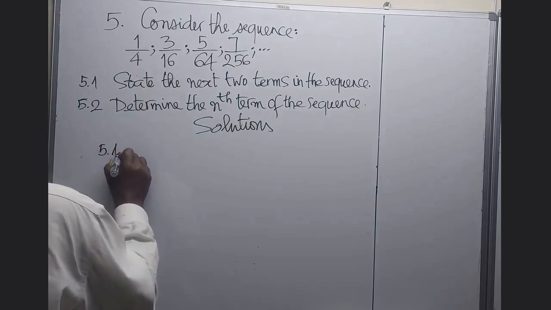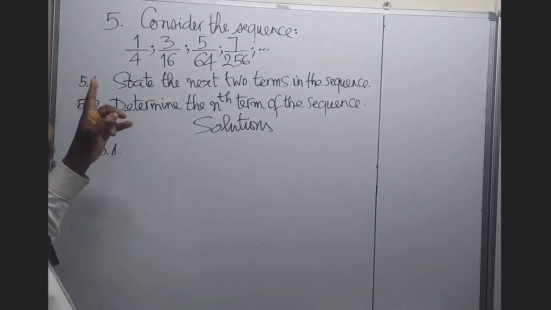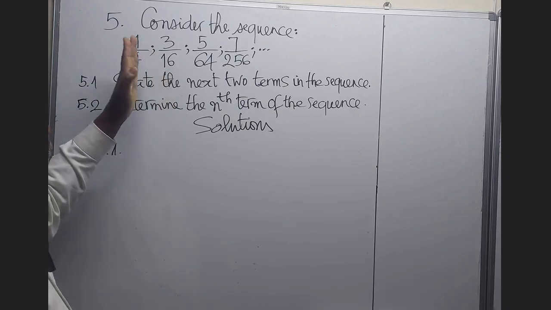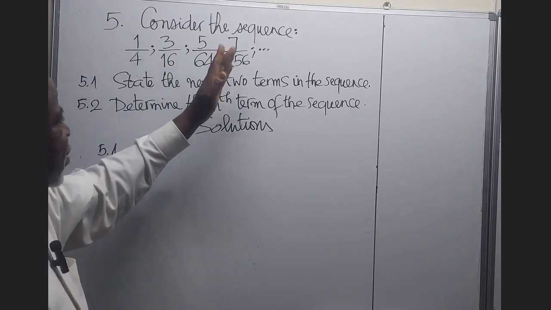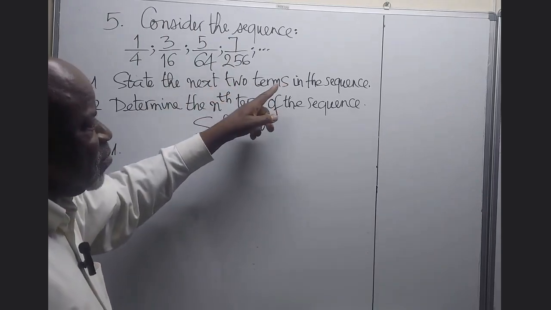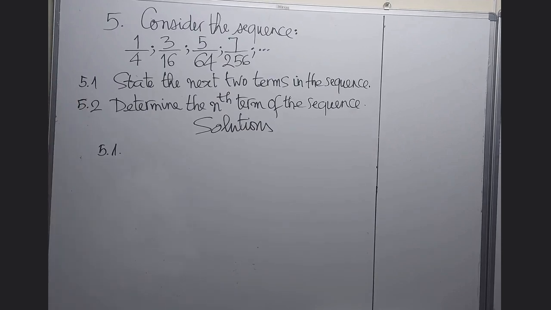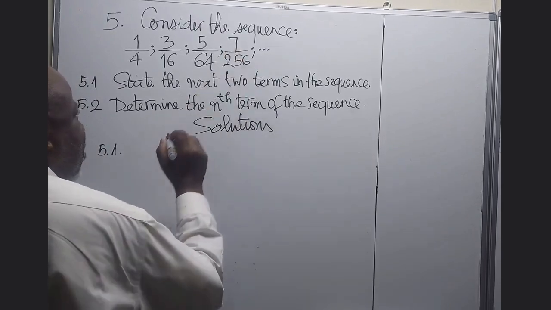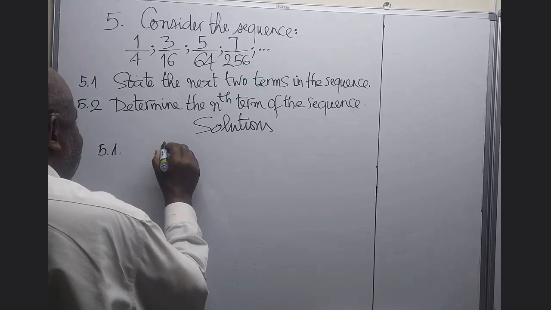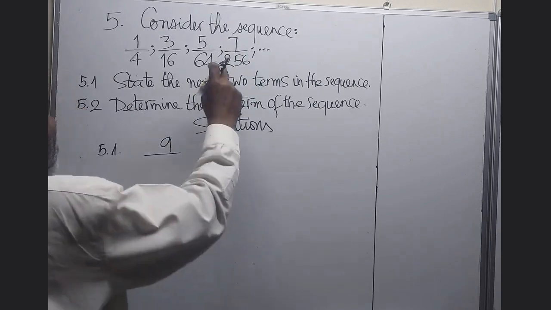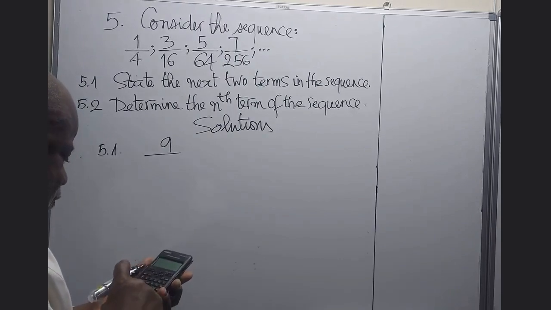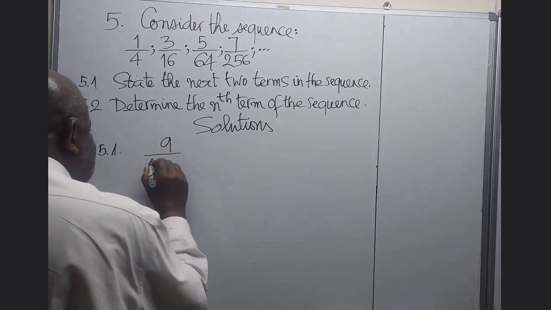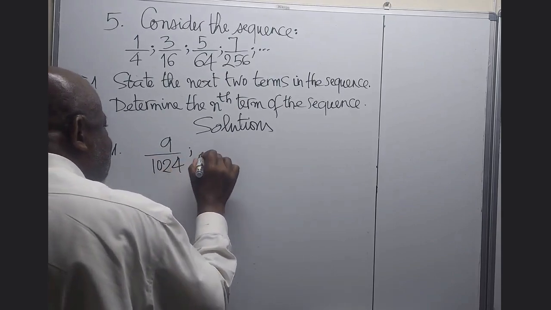5.1. If we watch our sequence very well, we can see that we have got 4 first terms. They say state the next two terms. So the next two terms are going to be: term number 5 will be 9 over, and the denominator will be 4 to the power 5, which is 1024.